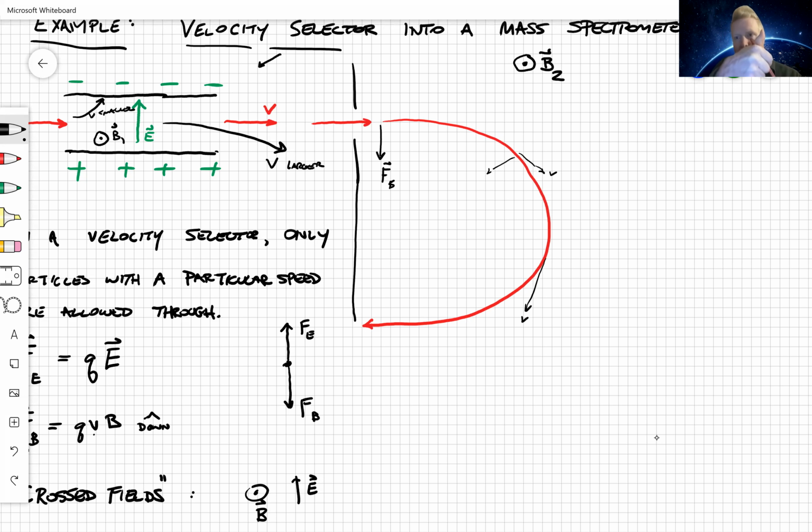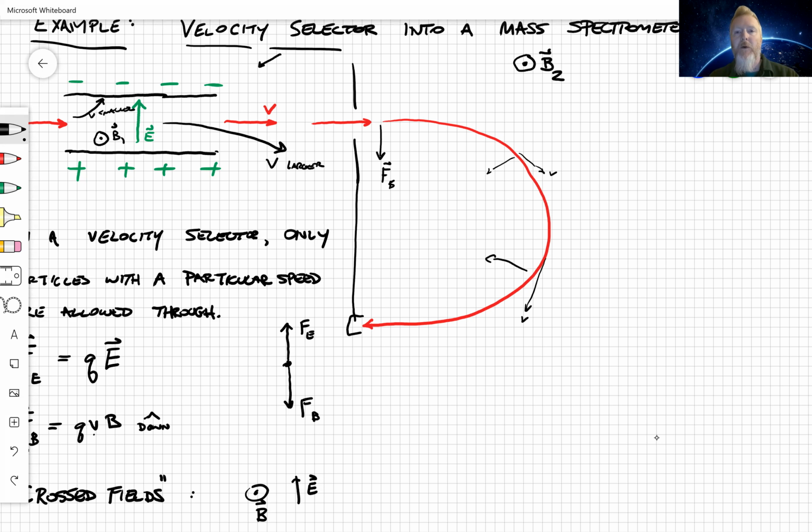You go V cross B and the force is kind of up in this direction here. So it's kind of going this way. All right, so it goes along like that and causes it to turn. And then at least you've eliminated one possible variable in your mass spectrometer. So what you're going to do is have a little bucket right here, and you're going to collect all the particles with mass m.